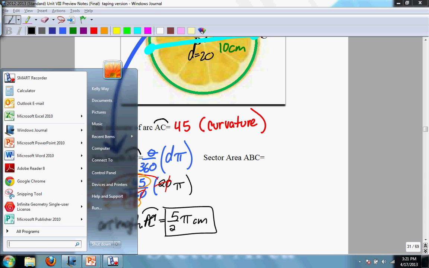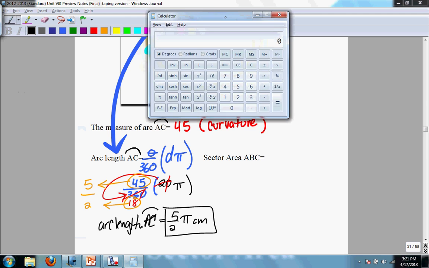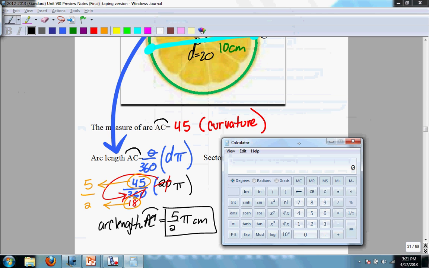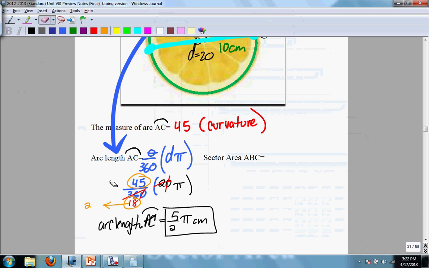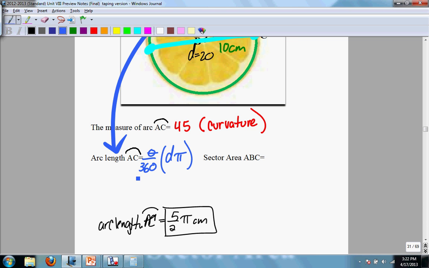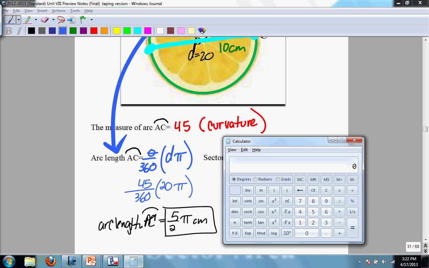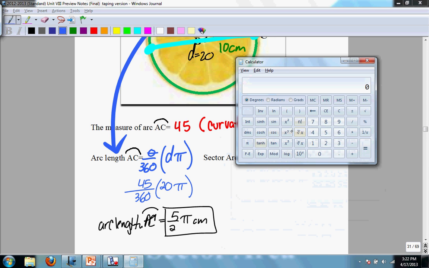Now, calculator style. Back to the calculator. Let's go back to the original numbers here. Let me get rid of all these crossouts. Okay, all the original numbers was 45 over 360 times our diameter, 20, and then pi. For the calculator, you can just multiply straight across if you'd like.